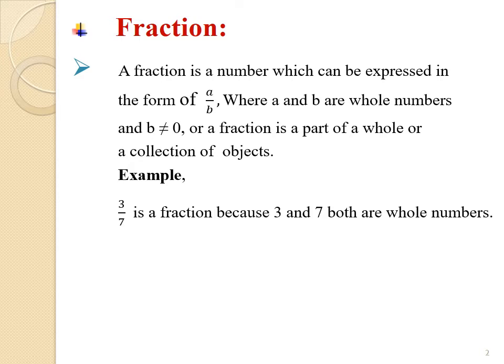Proper fractions. Fractions in which the numerator is less than the denominator are known as proper fractions. Example, 4 upon 5, 3 upon 7, 6 upon 11 are proper fractions.